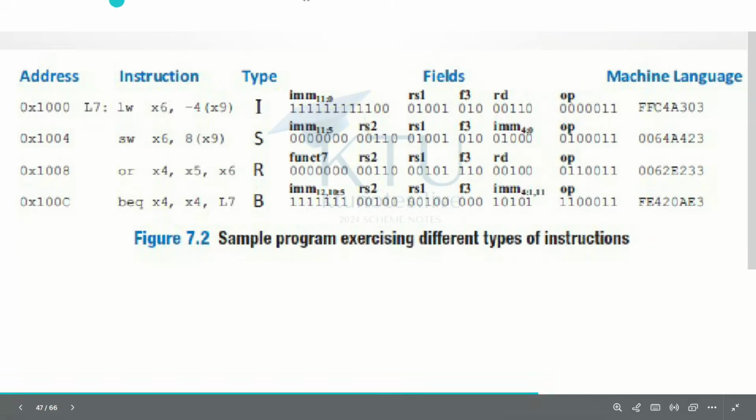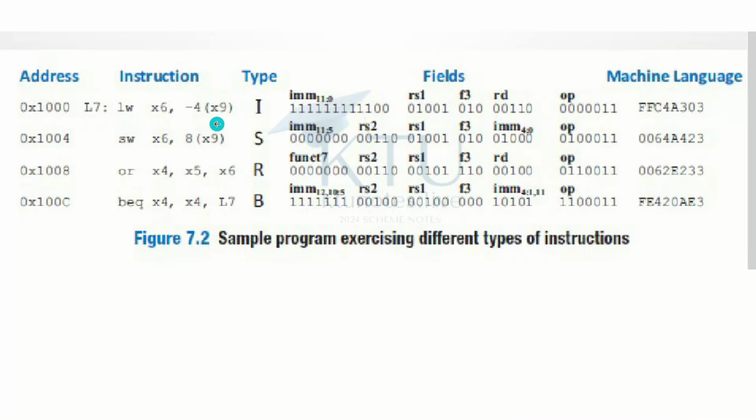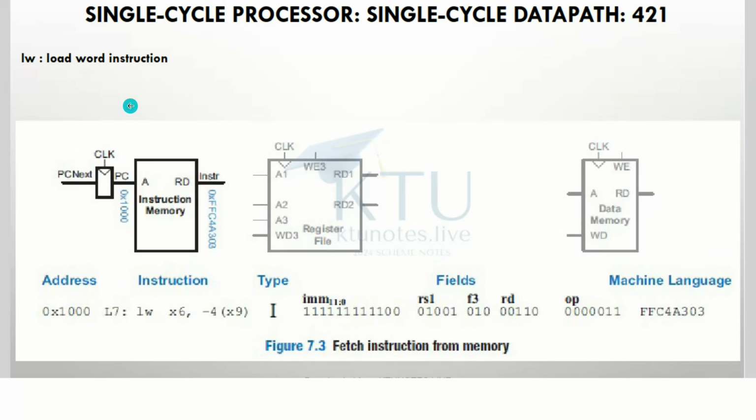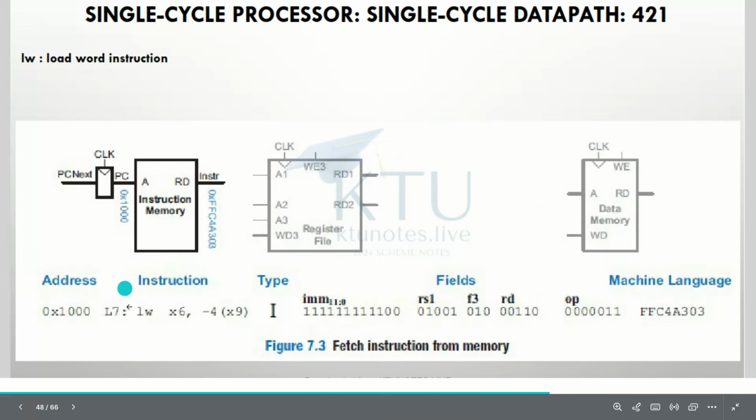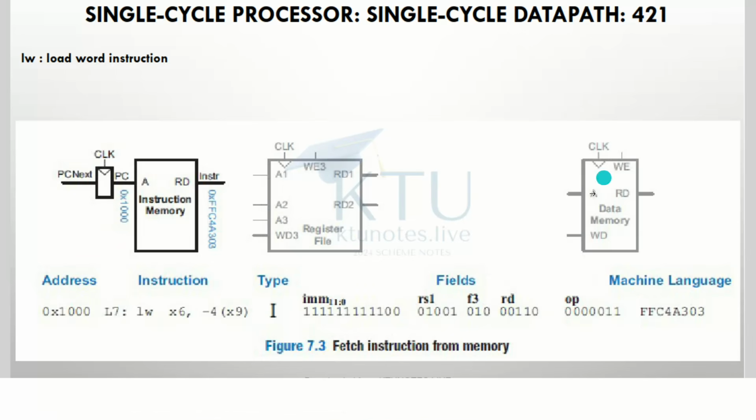First of all, in this video we will be doing the load instruction, that is, we are discussing type I. In type I, this is the instruction that we have: lw s6, -4(x9). We are going to see how this instruction is arranged in the single cycle processor.